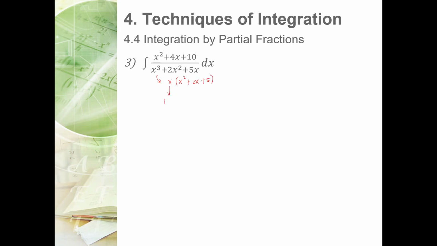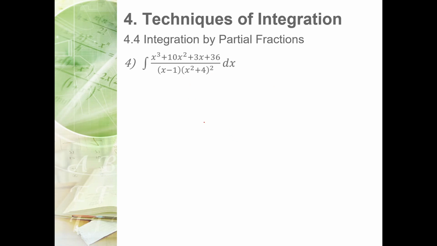So this one is a distinct linear factor, and this one is a distinct quadratic factor. This would give you a over x, then plus bx plus c, all over x squared plus 2x plus 5. So that's for number 3.